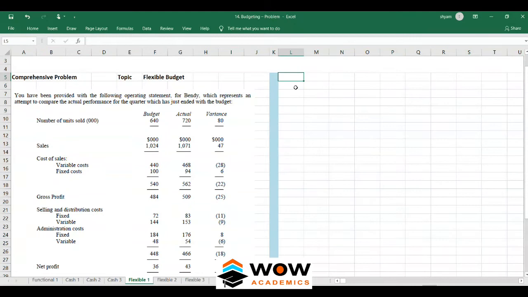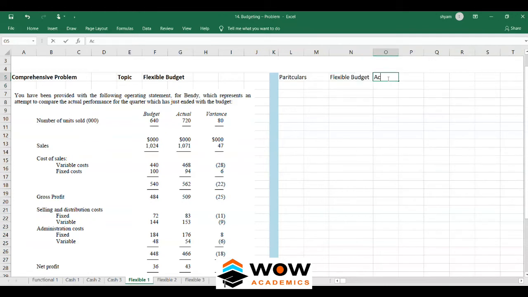So as usual, we'll start from particulars. So we have to find out the flexible budget, the actual, and also the budget.